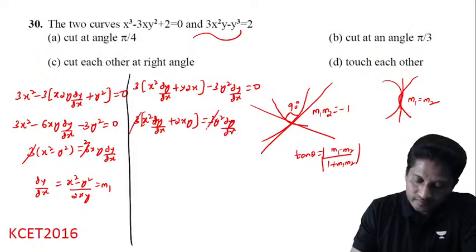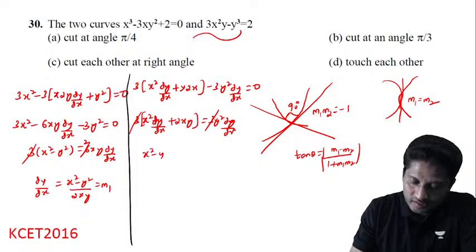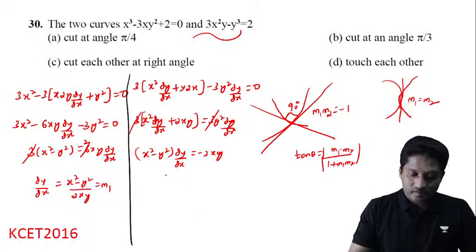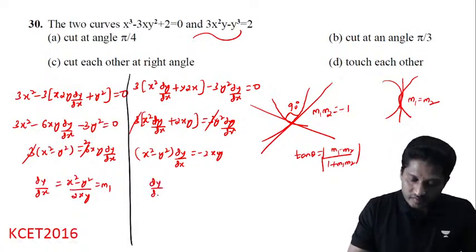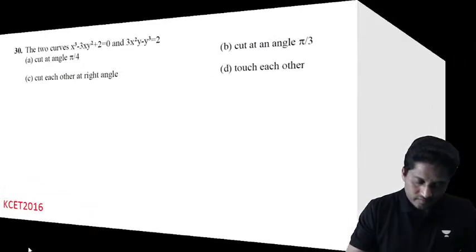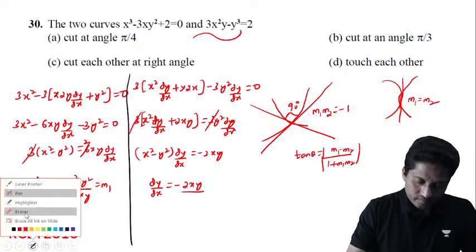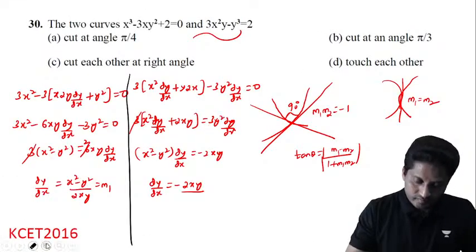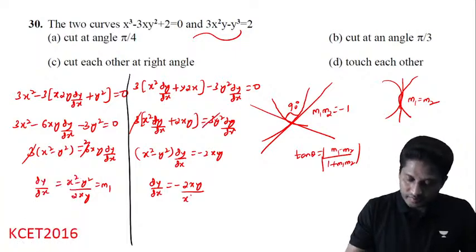This will cancel. I can also write this as x square minus y square into dy by dx is equal to minus 2xy. Then dy by dx is equal to minus 2xy divided by x square minus y square, m2.